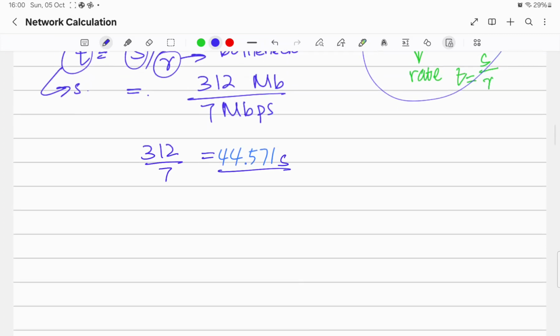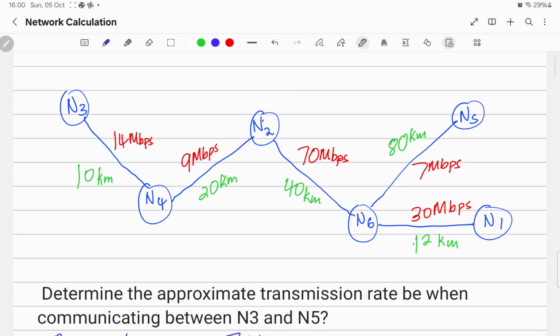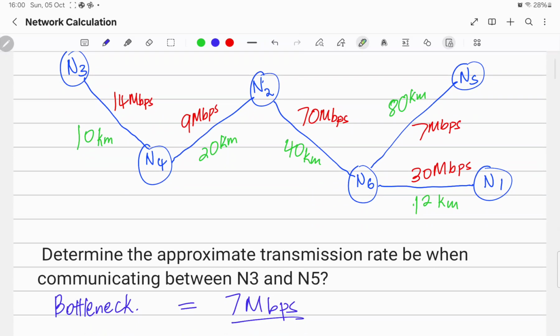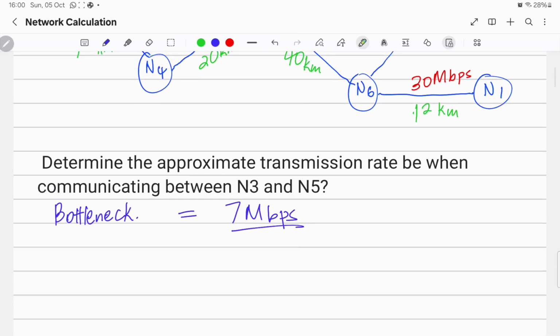So we're still dealing with the same route, from here all the way until N5. In this case, you need to add the distances from N3 until N5.